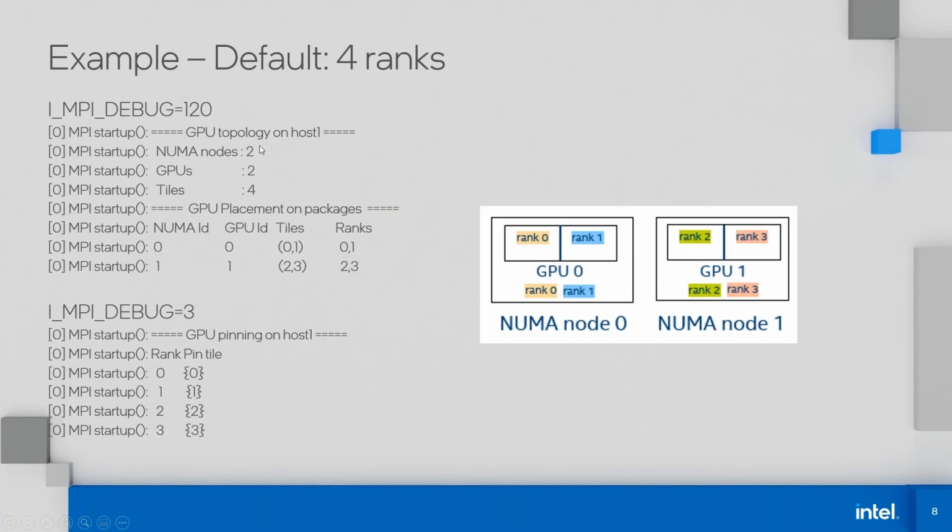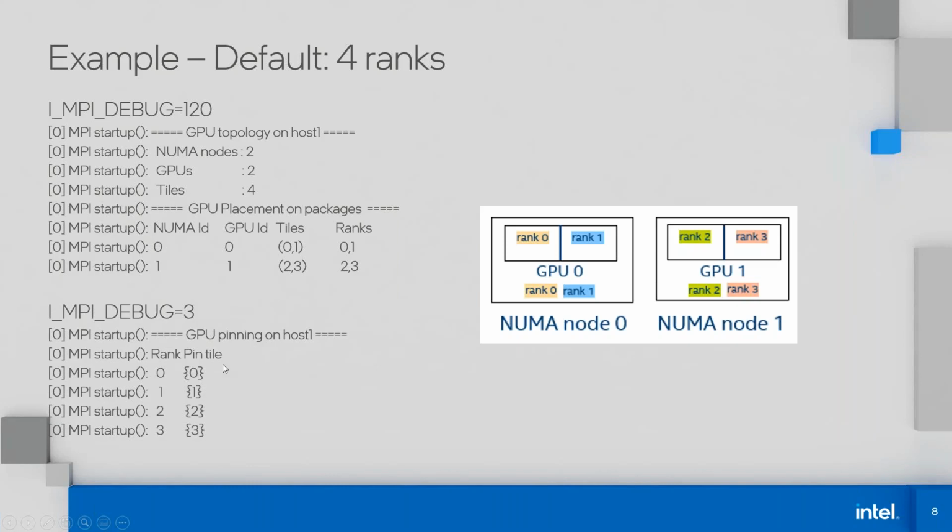You can find here how many NUMA nodes, GPUs, and tiles are on the machine, and the GPU placement. It shows on which NUMA node the GPUs, tiles, and ranks are allocated. So here we have one GPU per NUMA node, and 2 ranks per NUMA node.